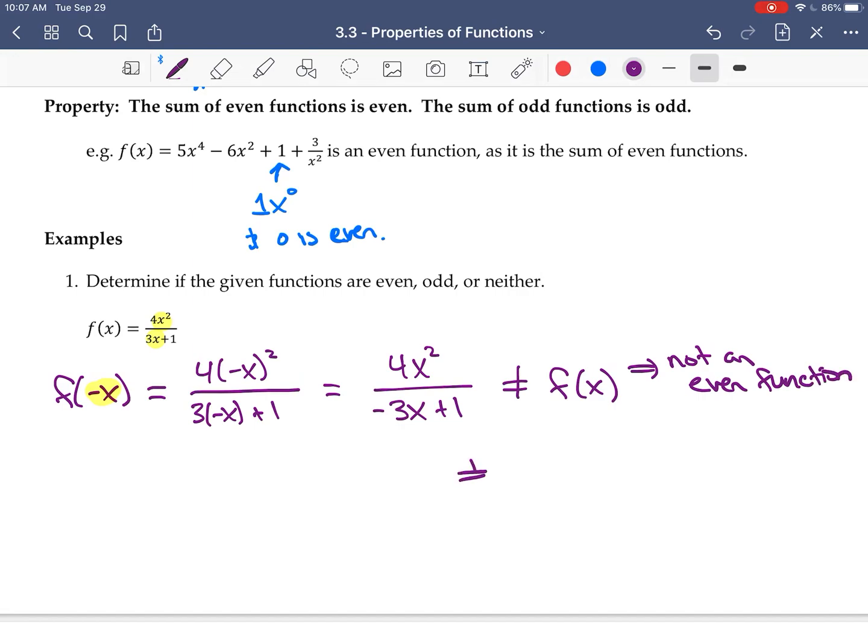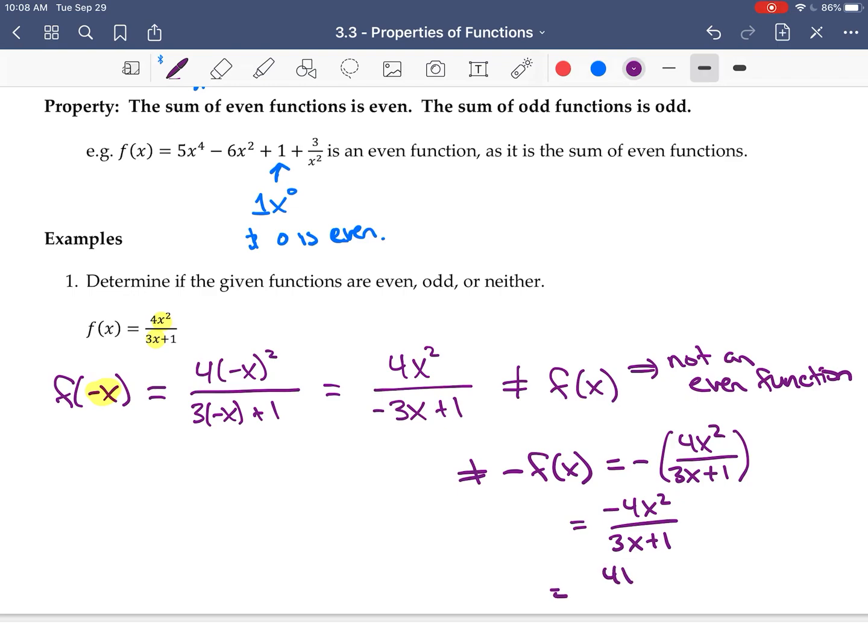Okay, but it's also not equal to negative f of x. That would look like negative 4x squared over 3x plus 1, which you could write as 4x squared over negative bracket 3x plus 1, which would be 4x squared over negative 3x minus 1.